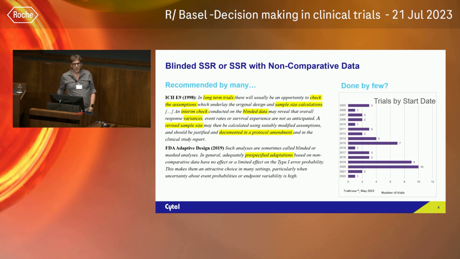We did a literature search for the term blinded sample size re-estimation, and astonishingly, it's not so much documented. Maybe it's used, but at least it's not very often mentioned in the publication that a blinded sample size re-estimation was used. So that brought us to the idea: is it actually used, and is it easily accessible?